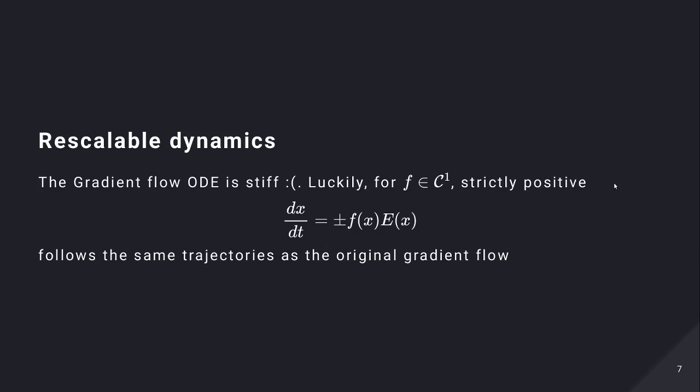Another really nice thing which the paper uses a lot is that this gradient flow is stiff, so it's generally not nice to solve using numerical methods, but we can rescale it. If we take any function f which is continuously differentiable and strictly positive, then multiplying the gradient field E by f, so we're just scaling the vector field by a positive amount, this equation will always follow the exact same trajectories as the original gradient flow, just at a different speed.